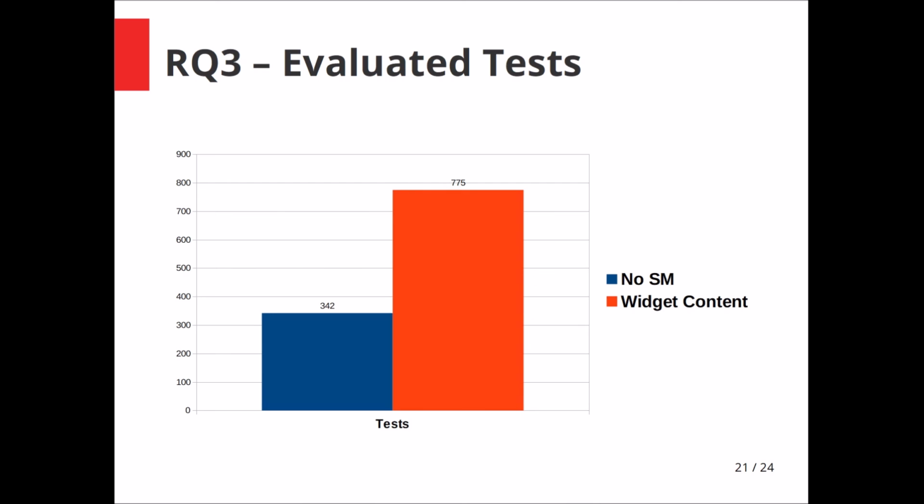Now, the probably most exciting question. Is the best surrogate model configuration better than the configuration without a surrogate model? We measured the number of tests for both configurations as shown in the diagram. The surrogate model configuration produces twice the number of tests, 775 in contrast to 342.